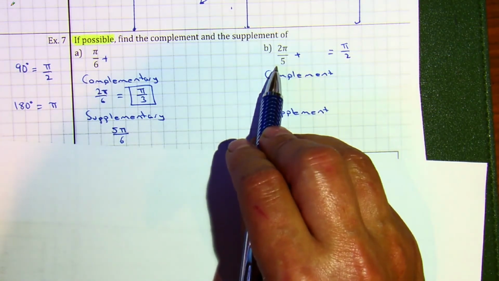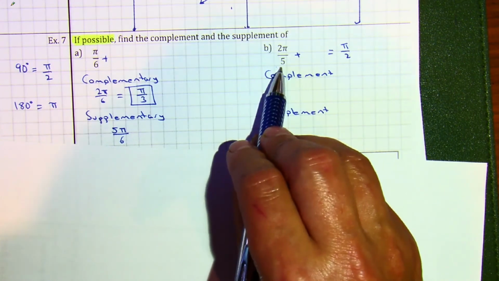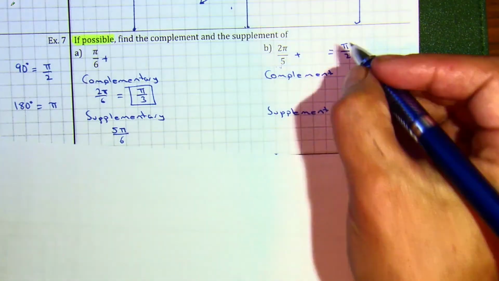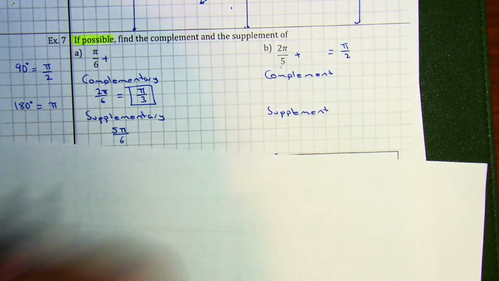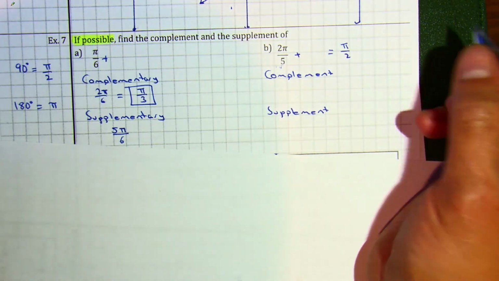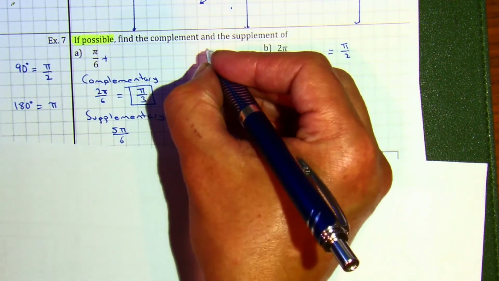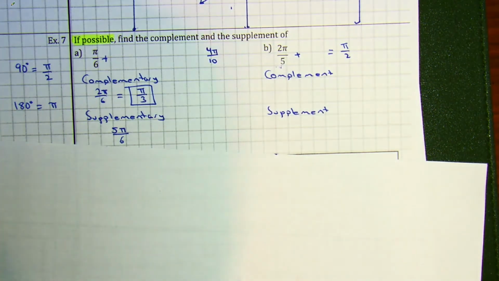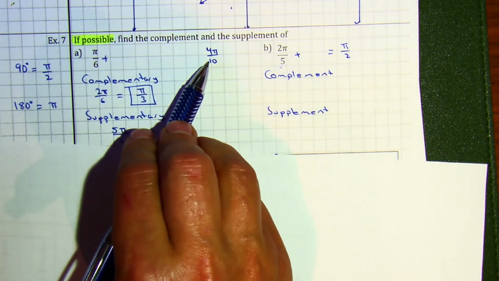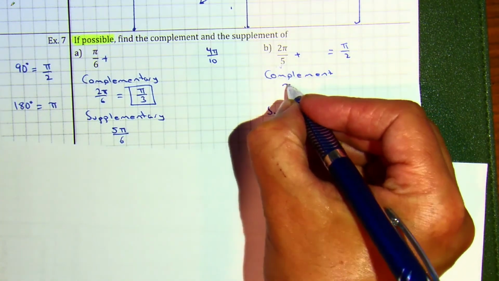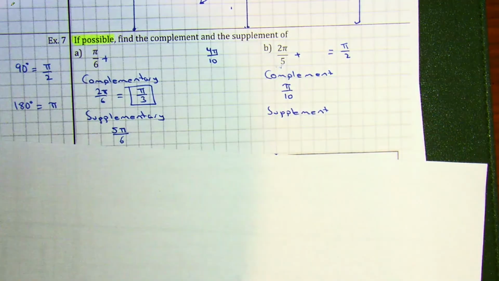So I basically need to end up with half a pi. We can write it as a decimal, or I can just convert this into 4 pi over 10, and half will be 5 pi over 10. So therefore, I just need to add pi over 10. That will be the complement.